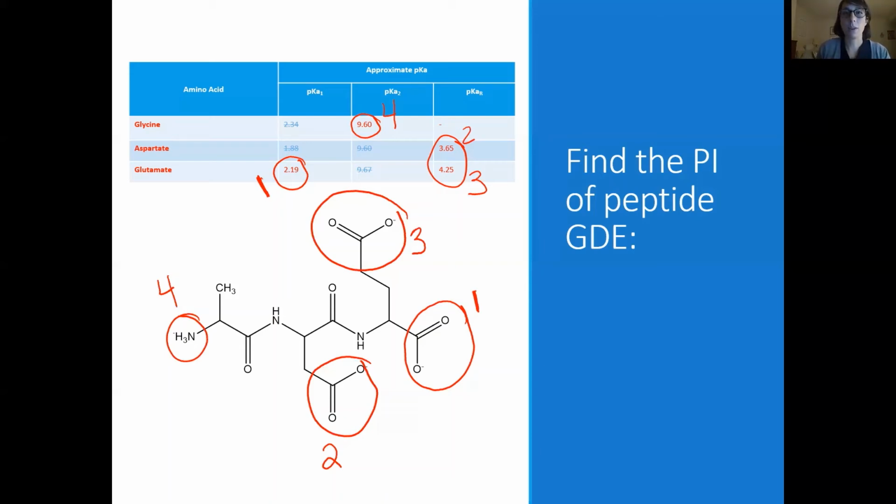Remember, as we increase the pH, as we get more basic, I'm going to one by one remove a proton. Each of these pKa's will tell me when that proton will be removed. So all of the groups with O minuses, they're going to start off with their hydrogen. They will not have a minus. And our NH3 should be NH3 plus. It has its extra hydrogen as well.